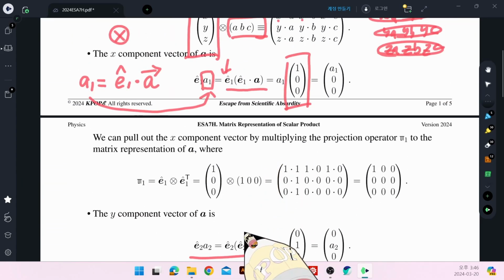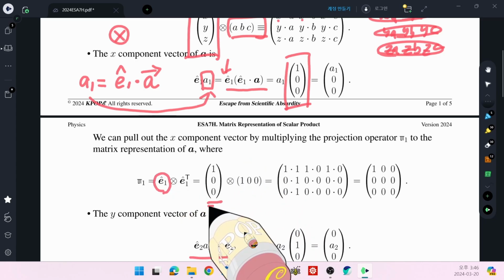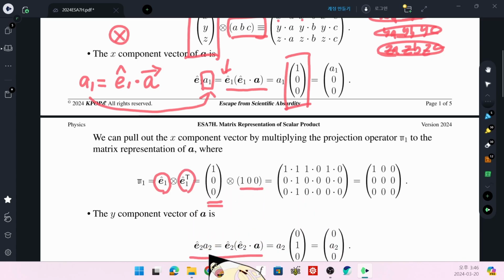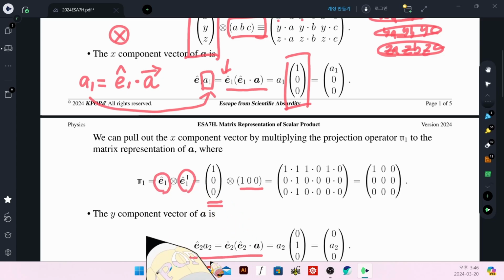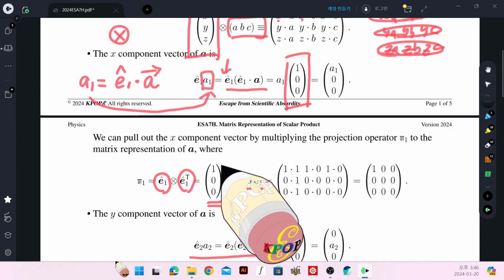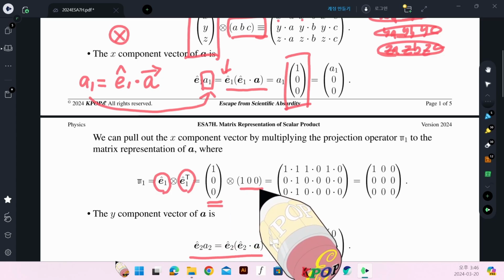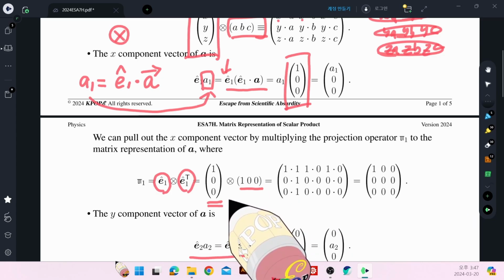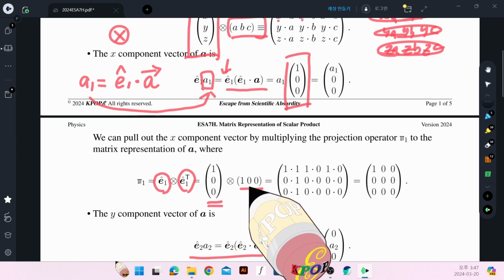Now, let us consider the direct product of a unit basis vector as a column and its transpose, that is a row vector. The column vector matrix representation of this E1 hat is 1, 0, 0, and the matrix representation for the transpose of this is a row vector 1, 0, 0. We can construct the direct product out of these two unit vectors.